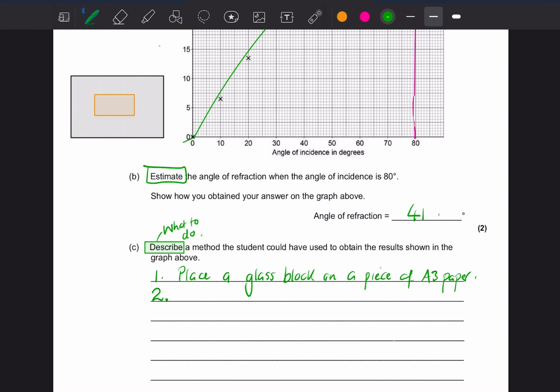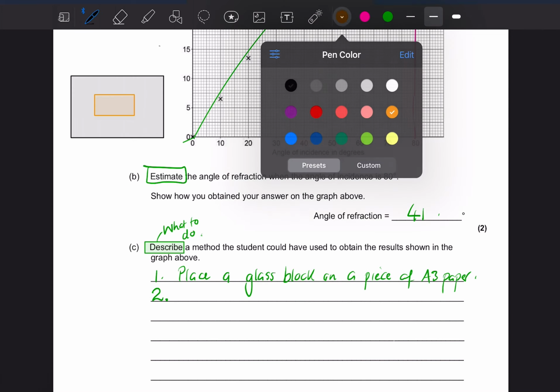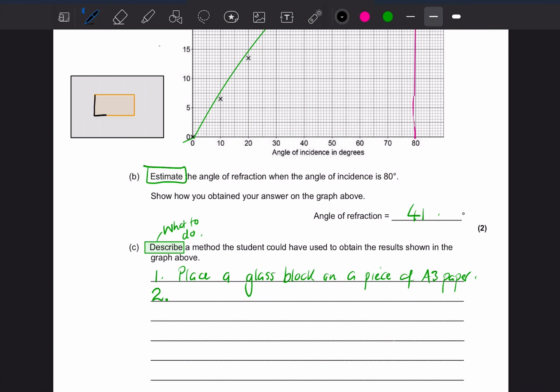The next thing you have to do is, because at the end of this you want a diagram and you want to be able to measure your results, that glass block you're going to have to lift up. So you have to draw around the glass block. So I'm going to try and do that now. I'm going to get my black pen, and you just draw around your glass block like that.